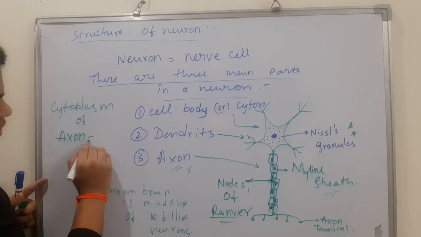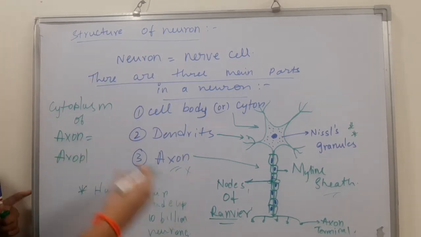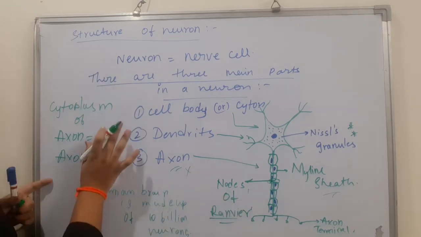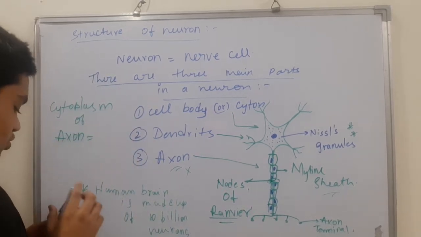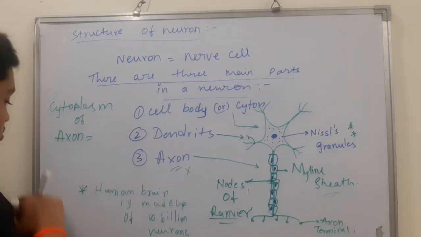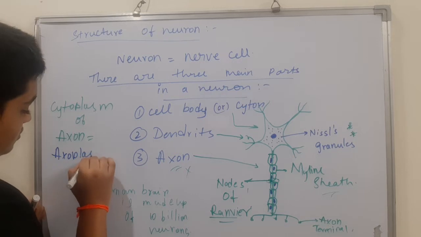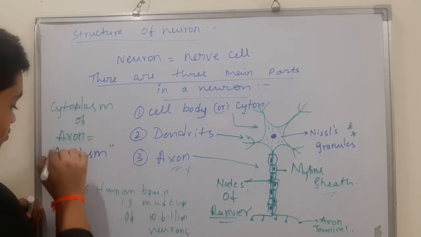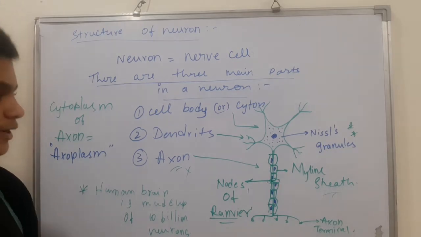Axon cytoplasm is equal to axoplasm, it is termed as axoplasm. So you have to remember this also. What is axoplasm? It is the cytoplasm of the axon.